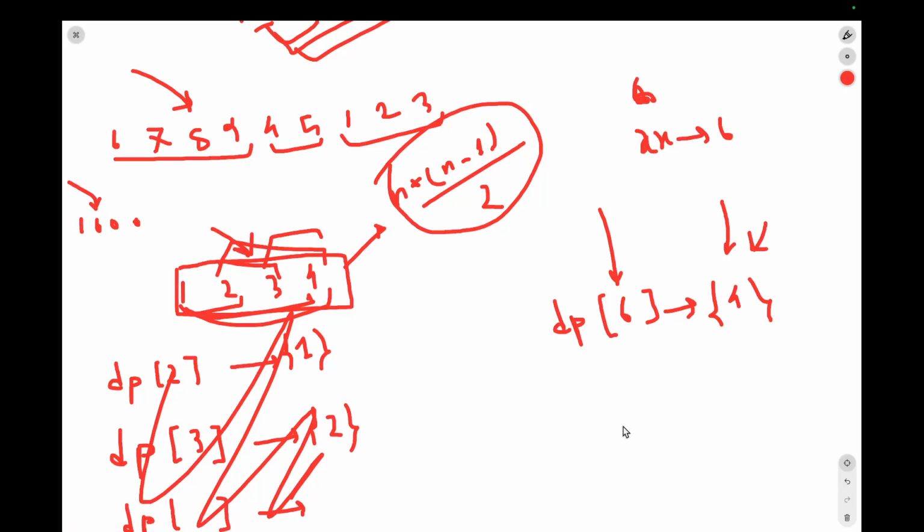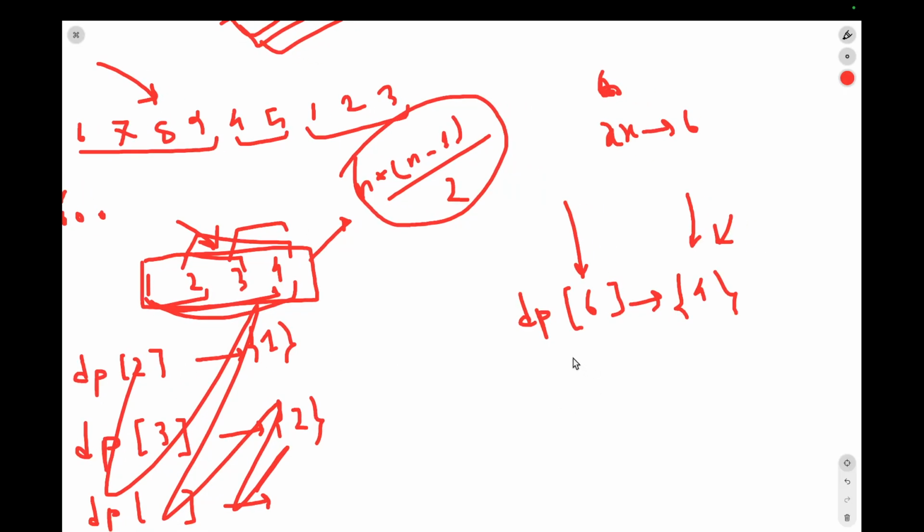Okay, so what will it be for 5? For 5, that will be 5 into 4 by 2, so the 2s cancel out, that is 10. So dp of 10 will be 5.